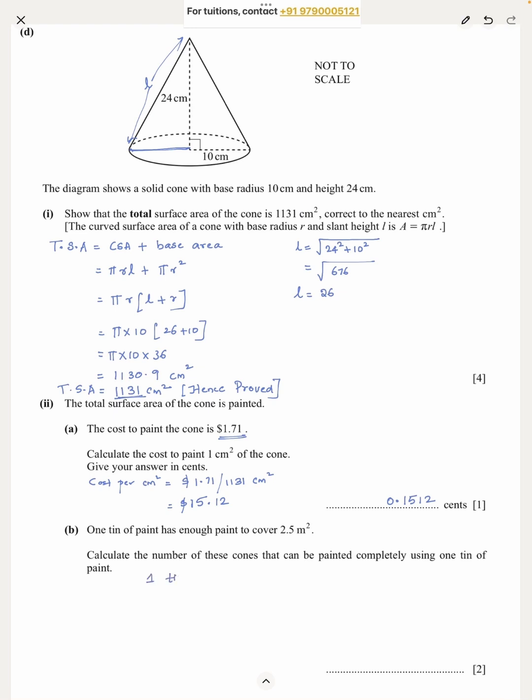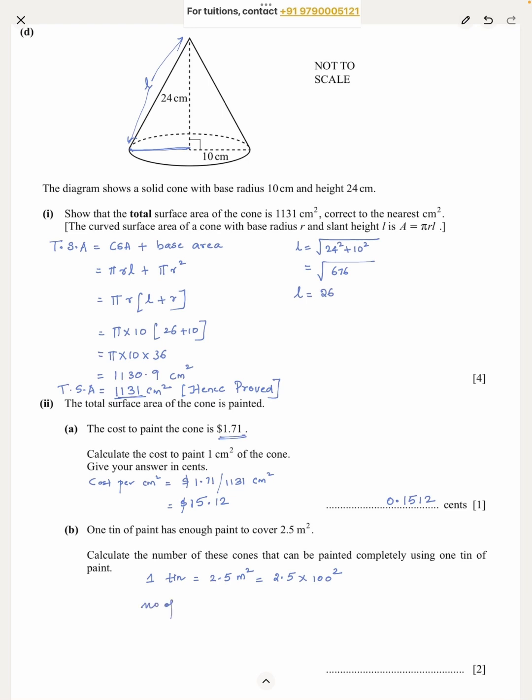One tin can paint 2.5 meters square. That means let me convert this to centimeter square because my TSA is in centimeter square. So meter square, so this is 100 square.